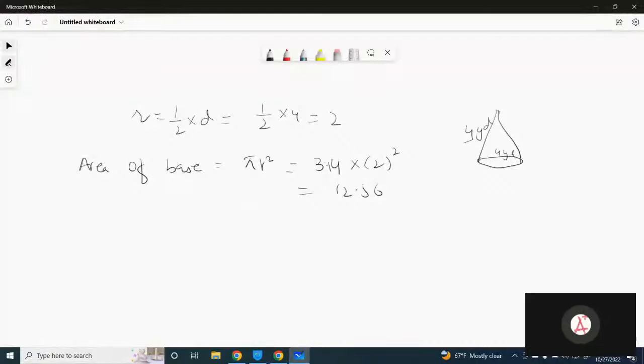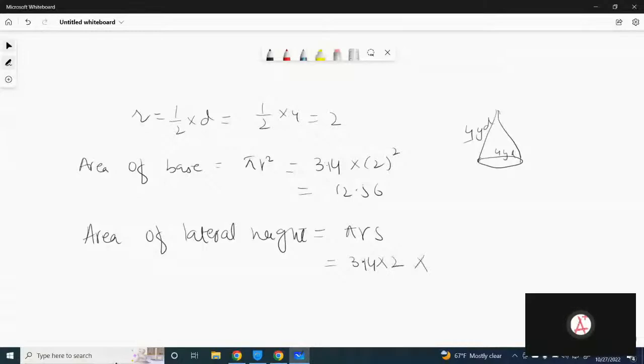You can say the area of the lateral surface, which is pi r s. Pi is 3.14, r is the radius, that is 2, and s is the slant height, that is 4. So when you calculate the value, it would be 25.12.